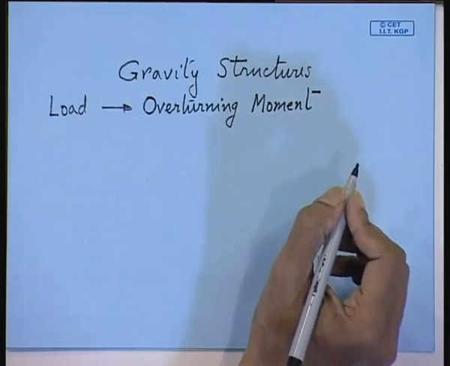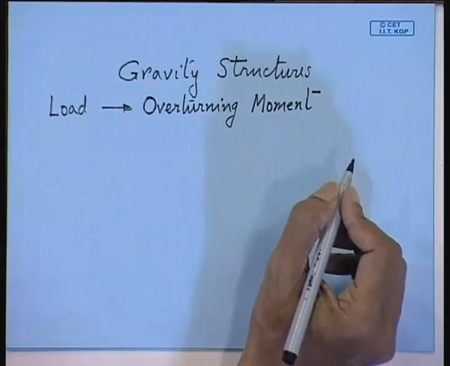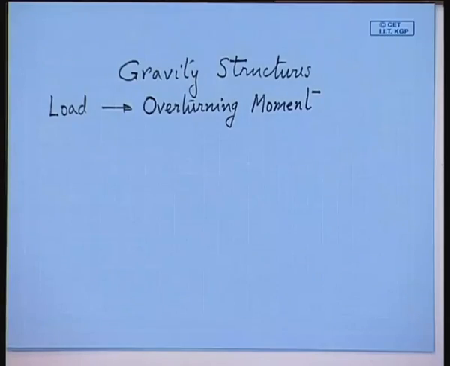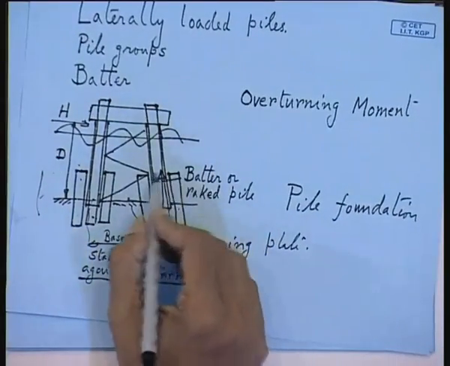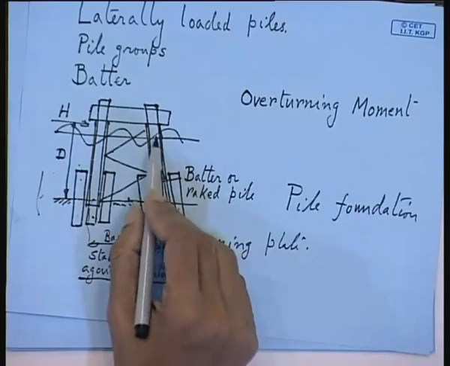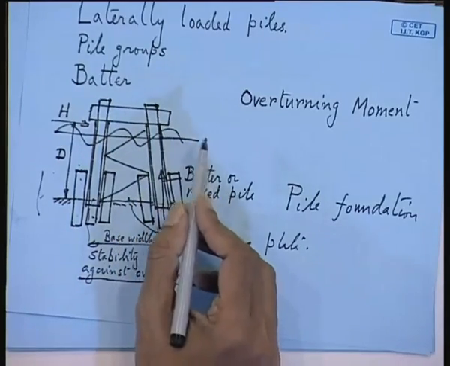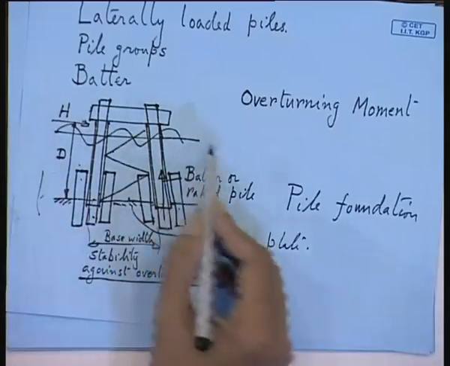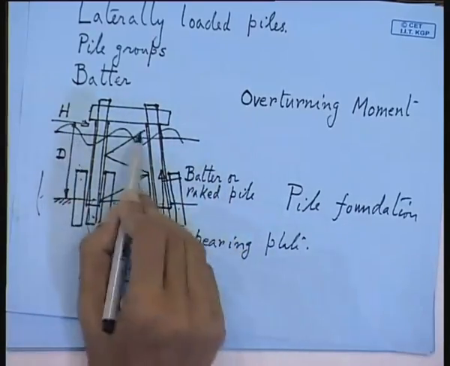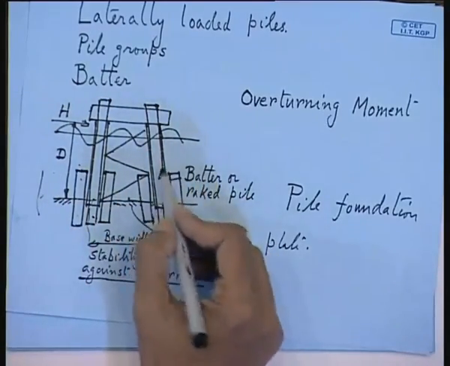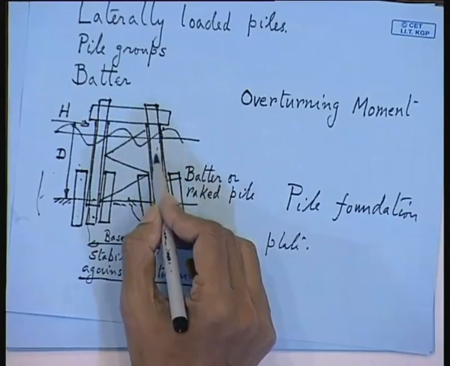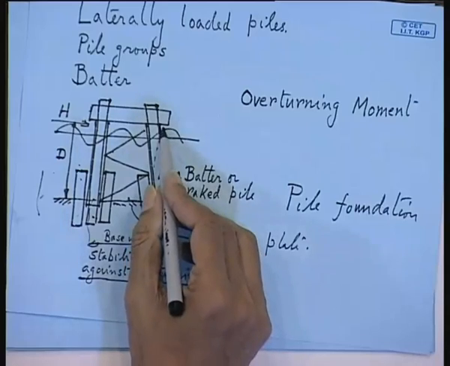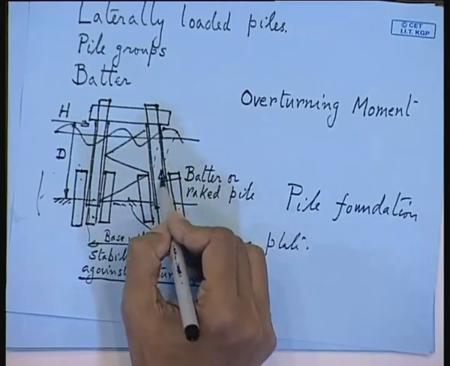Now, jackets, the pile actually is resisting the moment, and that is why I have told you in the jacket, the pile, there is a tendency to bend. In the pile, if there is a horizontal load coming right at the sea level, the pile will no more be straight like this, but it will start bending or flexing.